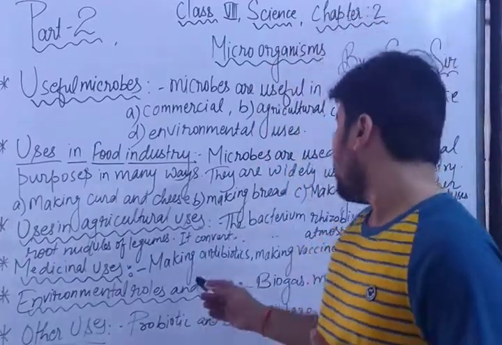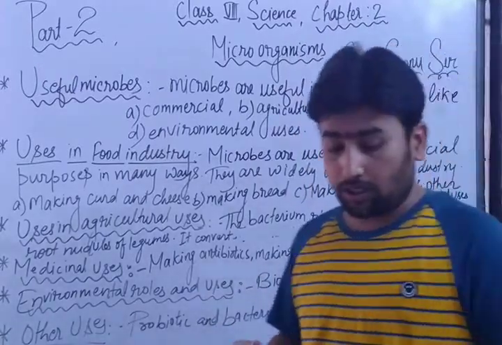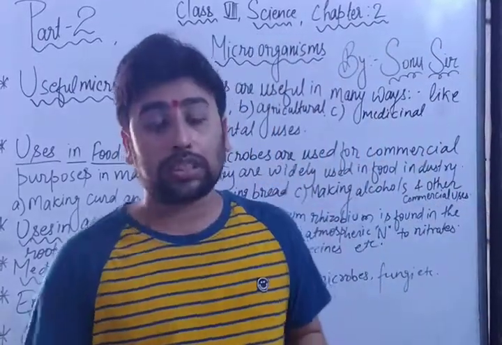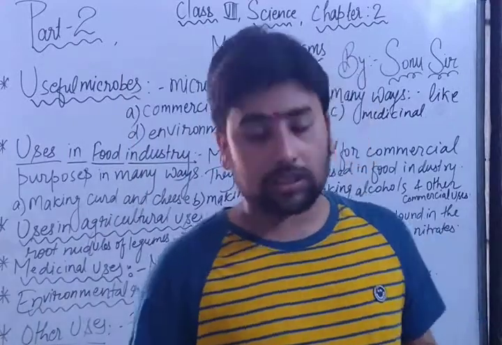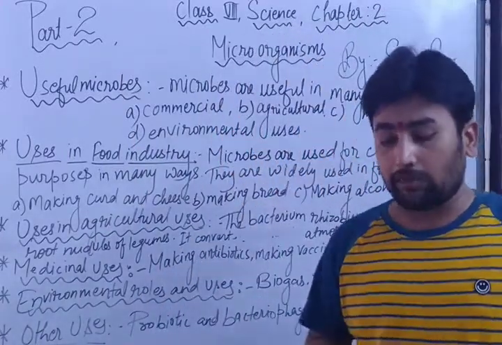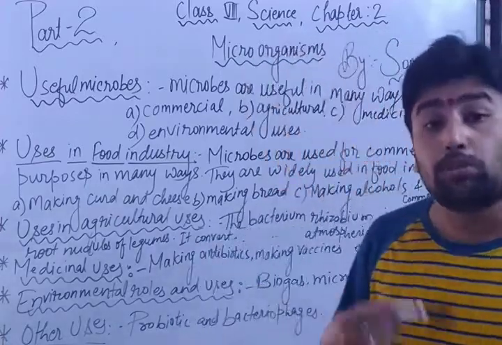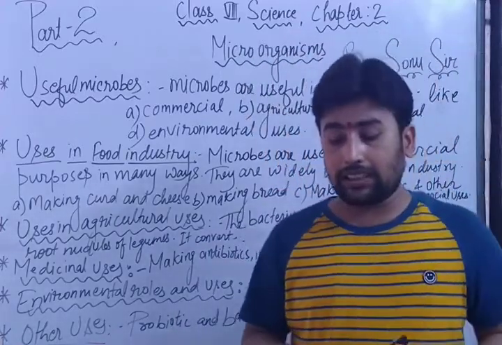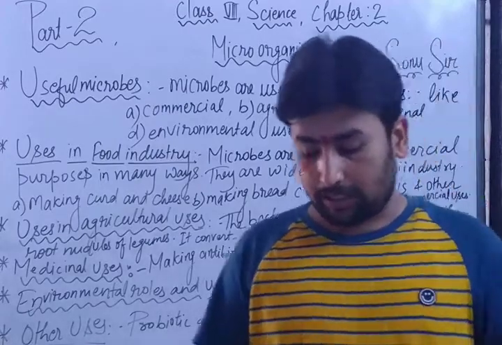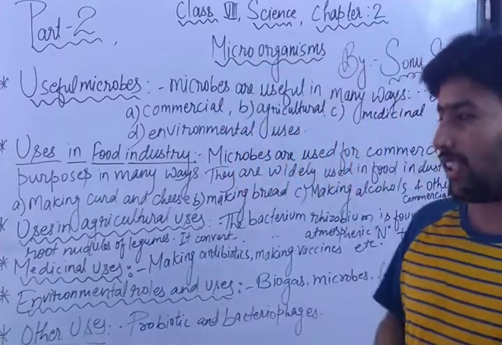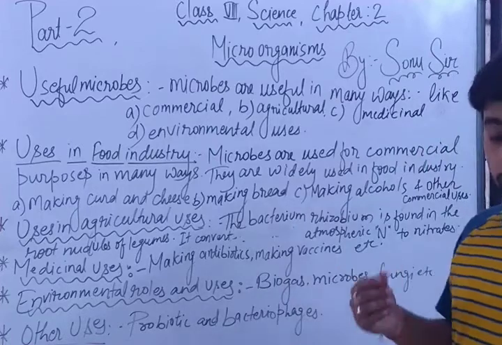There are some making vaccines also. Have you heard about vaccines? When microbes enter our body, it produces specific substances called antibodies, which destroy the microbes, and a person has immunity against a disease, which can also be artificially produced by a vaccine. You may have heard about some children getting vaccinations.